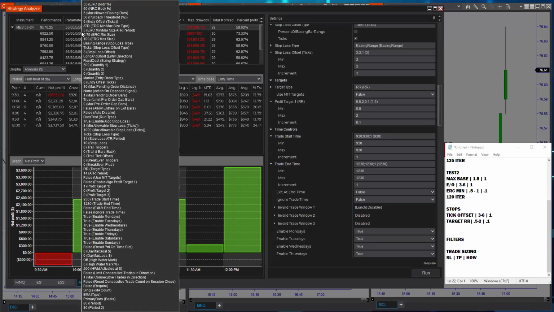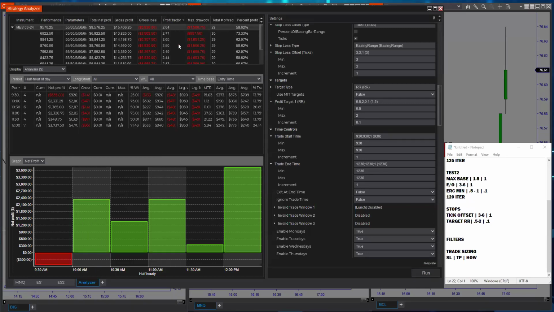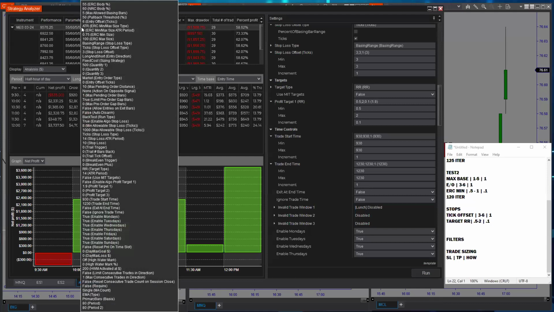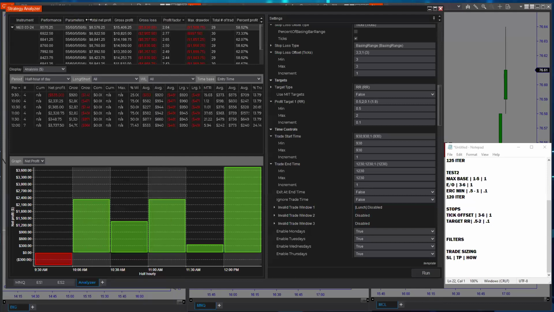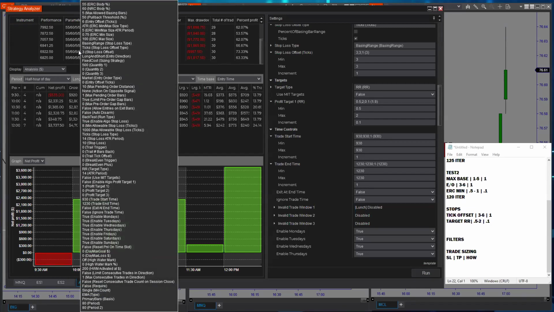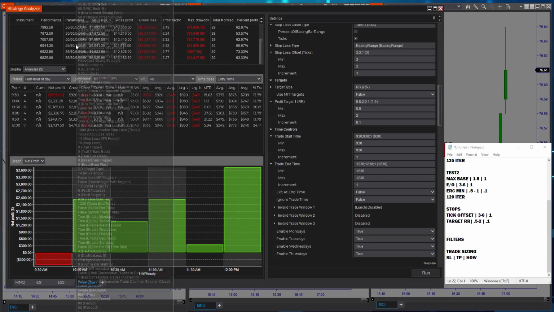What was this one? This was our 1-to-1. Yeah, so hanging on longer made more money on these, because the 1-to-1 is down here.